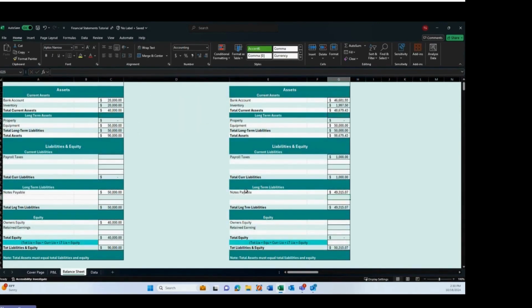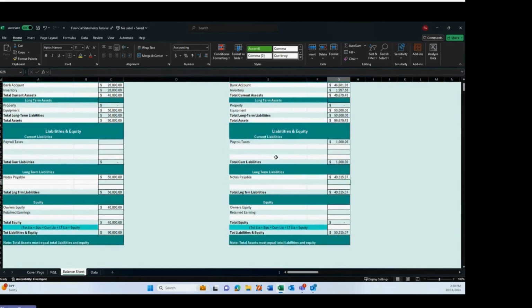And so we can see now that that principal payment has lowered our overall liability on that piece of equipment from $50,000 to $49,315. So that liability has come down by 1 month.